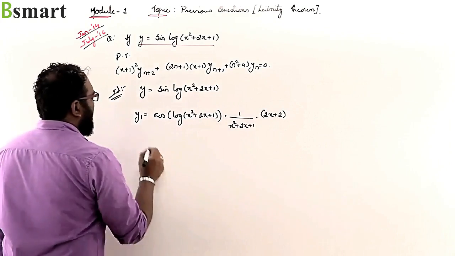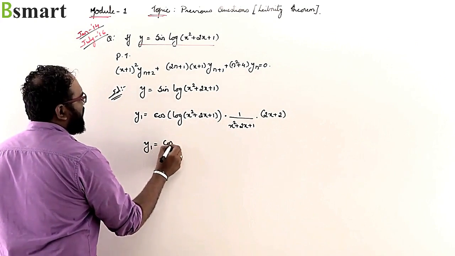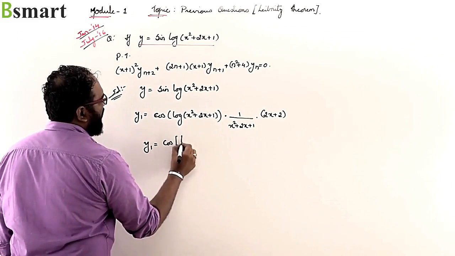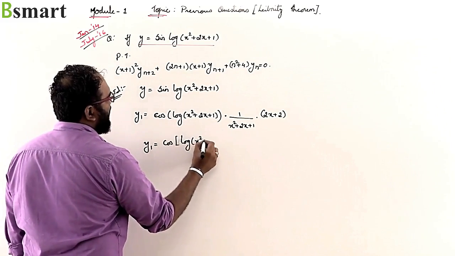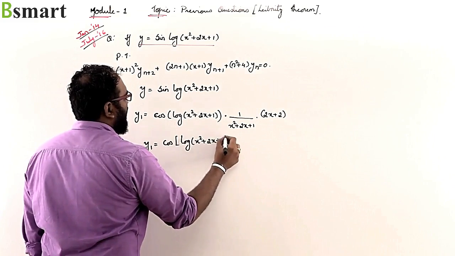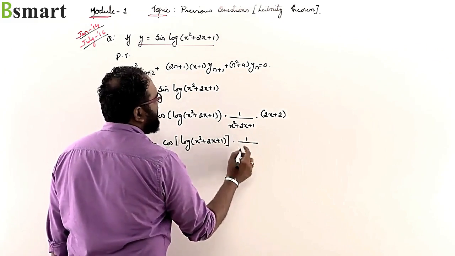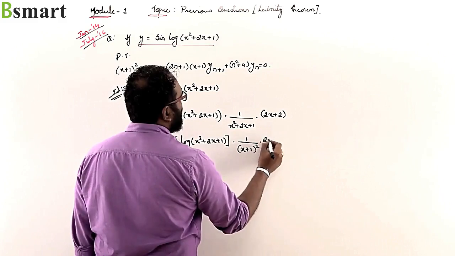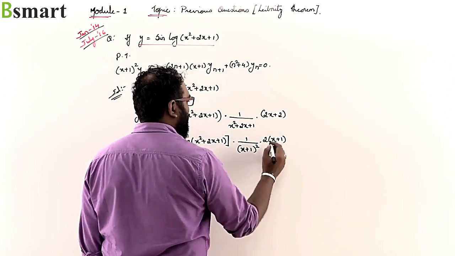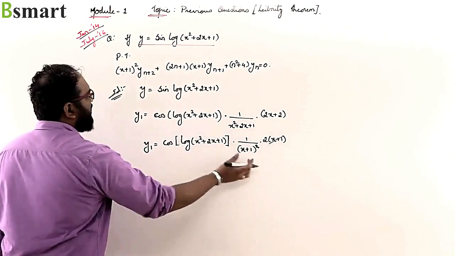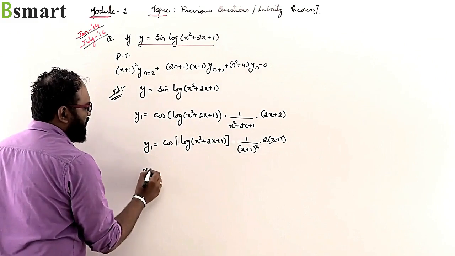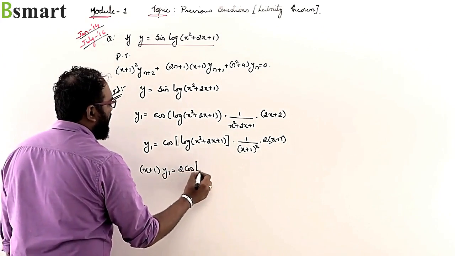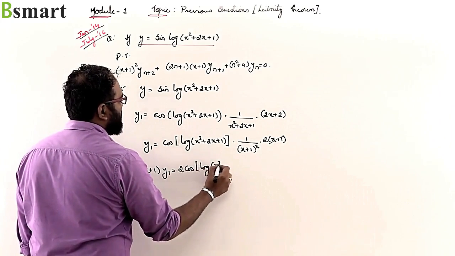Now, can I write y1 as cos of log of x square plus 2x plus 1 into 1 by, so this term can be written as x plus 1 whole square, into, I'll take out 2 common from this, so then that will be x plus 1. So x plus 1 and square will get cancelled. I'll bring x plus 1 this side. So that will be x plus 1 into y1 is equal to 2 into cos of log of x square plus 2x plus 1.